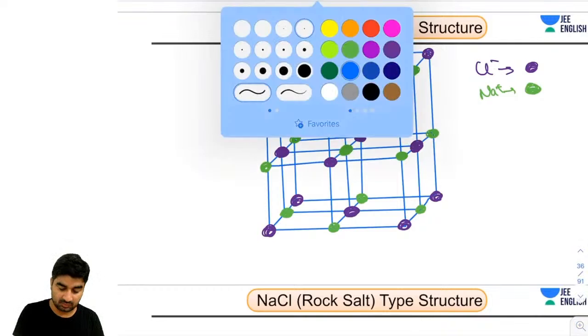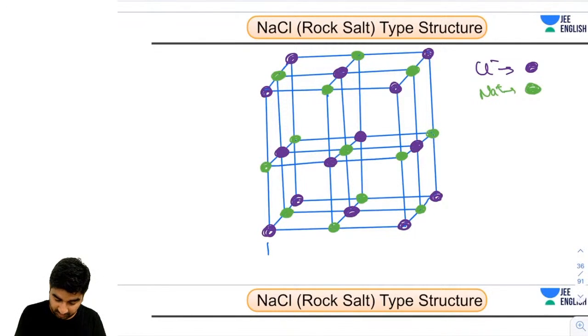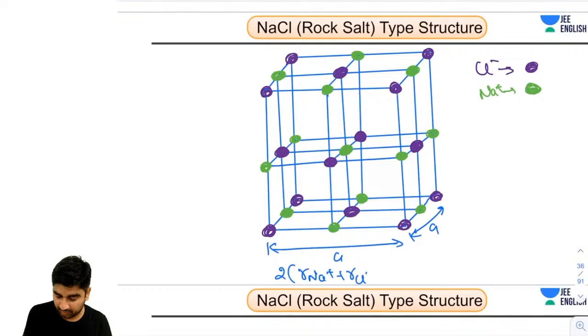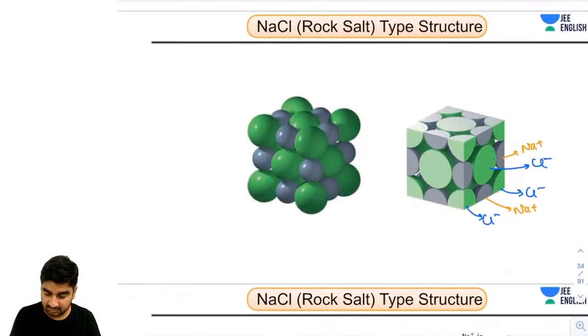This is the structure for NaCl, and here you will be getting the edge length as A. So A will be equal to 2 times the radius of Na plus and 2 times the radius of chloride. How? Let's see this.